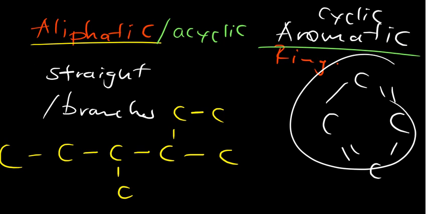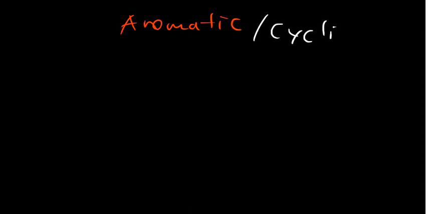Okay. So if you talk about aromatic again, we are also saying aromatic, which is cyclic or ring structure, is usually formed on the basis of benzene. Okay. Benzene is basically a hydrocarbon which is made up of 6 carbon atoms and 6 hydrogen atoms. Okay. So come up with 6 carbons.